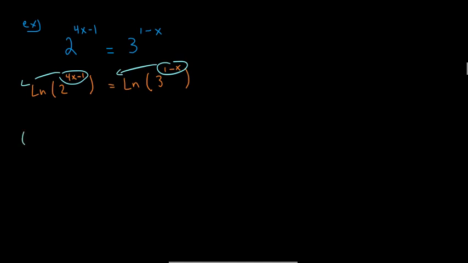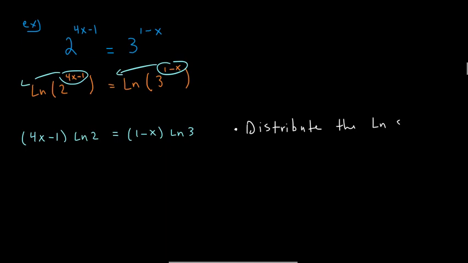So this would be written as (4x minus 1) times the natural log of 2 equals (1 minus x) times the natural log of 3. Seeing what I'm saying? And now you have to do a little bit more intense algebra to solve this. The technique from here is to distribute the natural logs.